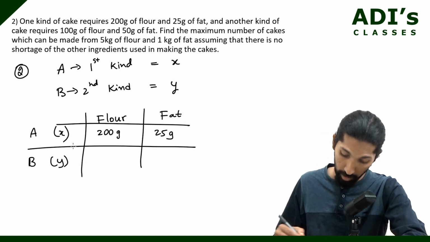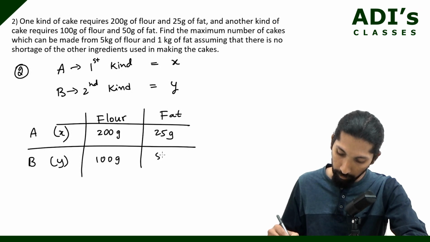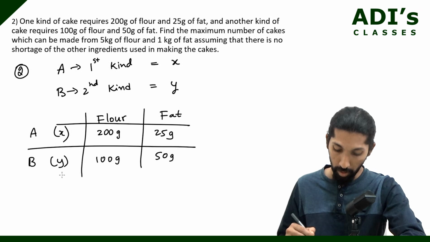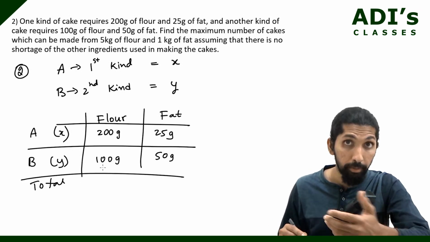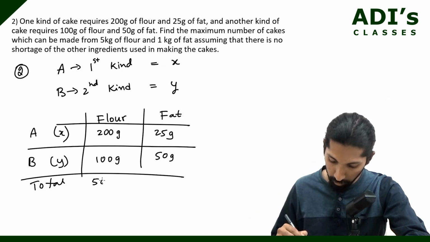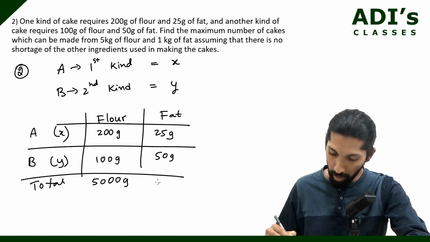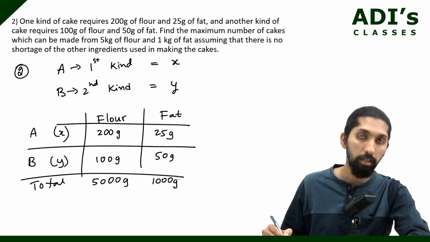For B, we need 100 gram flour, 50 gram fat. Here, the availability is 5 kg, which is 5000 gram, and here 1 kg, 1000 gram, correct?